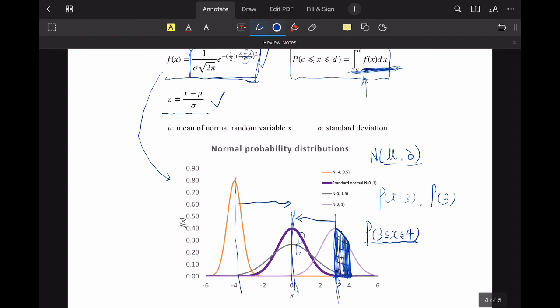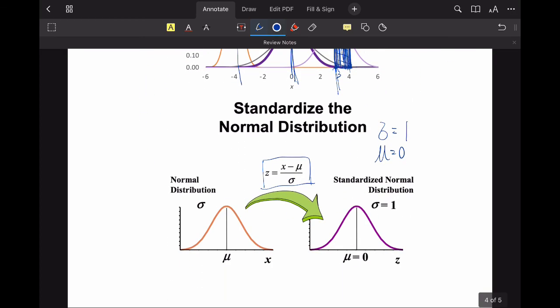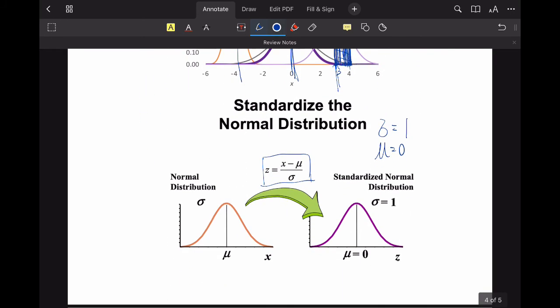Different kinds of distribution have a standard z-score, because you divide by the standard deviation here, then everyone is the same. So we just transform every kind of normal distribution into the standard one, which has a standard deviation of 1 and a mean of 0.